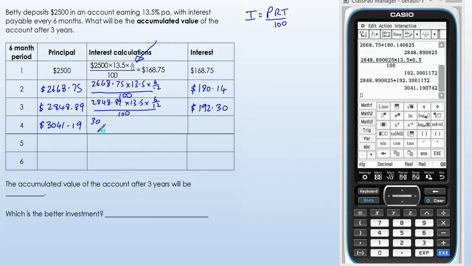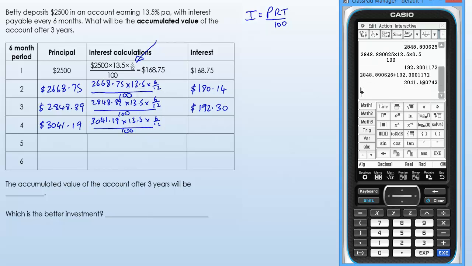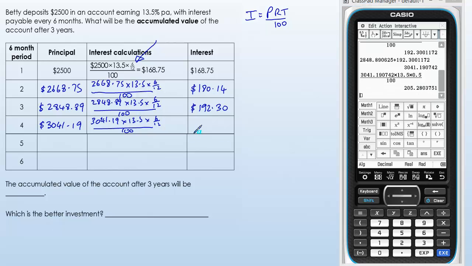So repeating the steps, 3,041 and 19 cents multiplied by 13.5 multiplied by 6/12 all over 100. Use a fraction template, drag this value into the top, multiply by 13.5, multiply by the 0.5, divide that by 100, and that gives me 205.28.